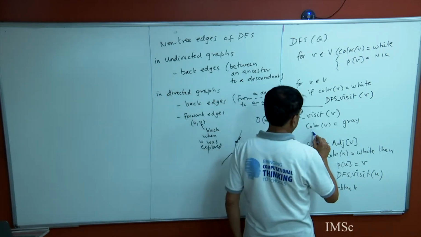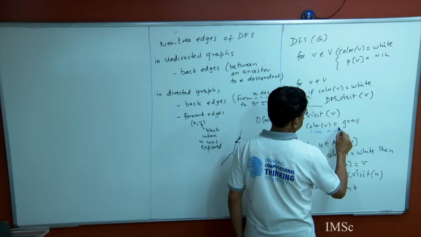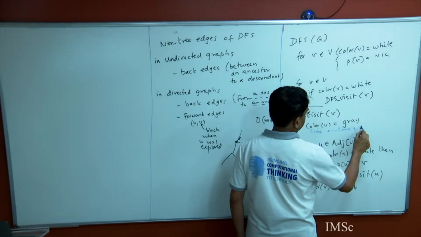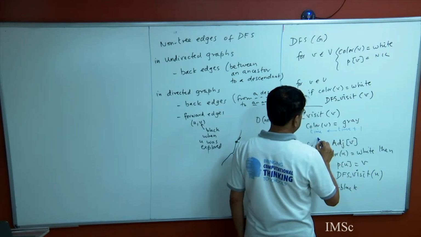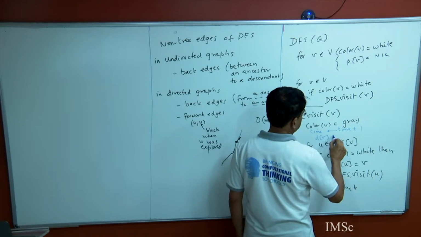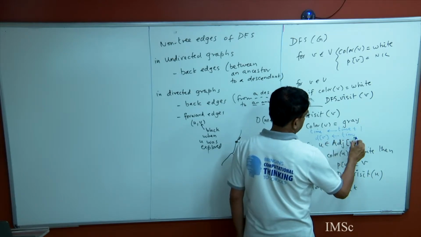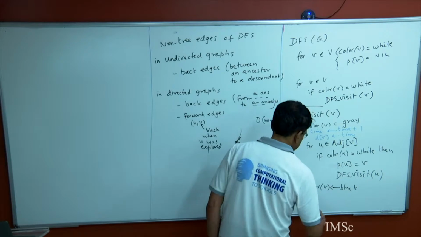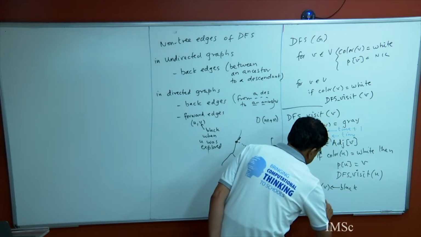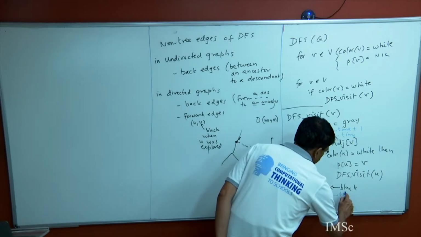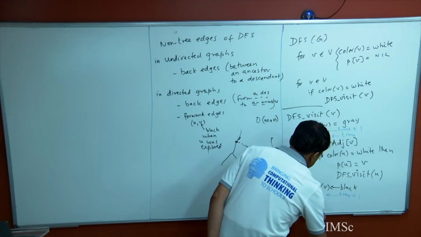Time is time plus 1, and discover time, so V has been discovered at this time. And once I finish with this, time is time plus 1, and V is finished at this point.